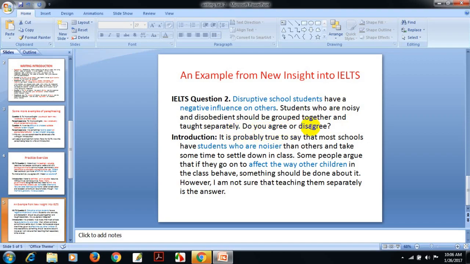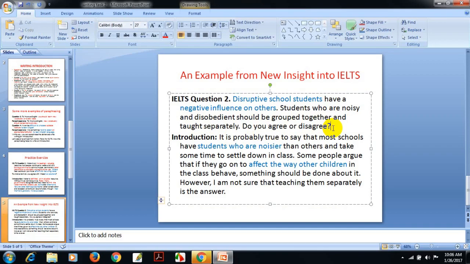Do you agree or disagree? Is the question. And you have to write the introduction clearly and fast. How to write, how to do. I'm telling you, you have to paraphrase words, stock those sentences that help you to write the introduction.